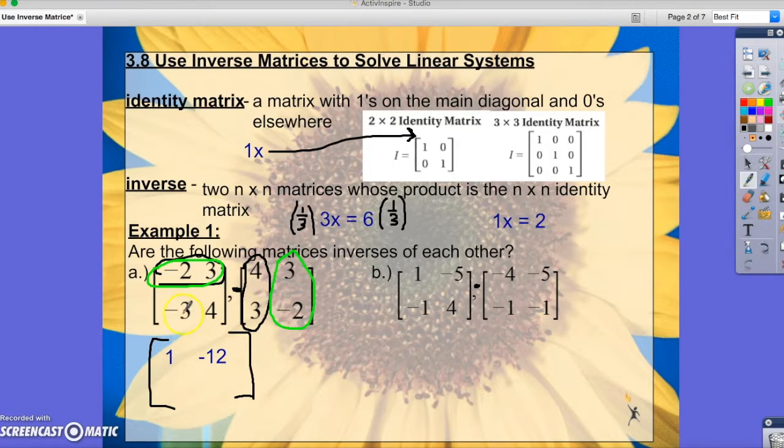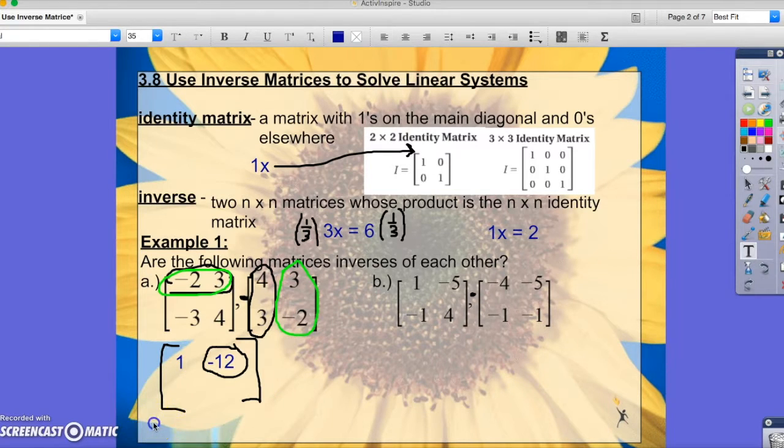Do I have to keep going to this row? Hopefully you realize no, because what do we have here? We have a -12, right? What should it be? It should be a 0. So really I could stop there. I know they're not inverses of each other. Not inverses.